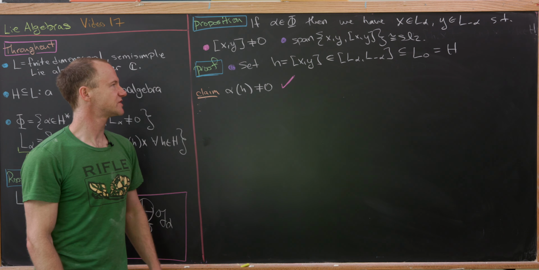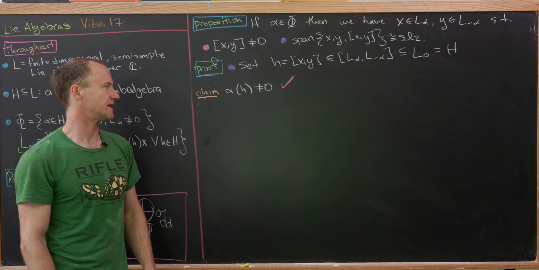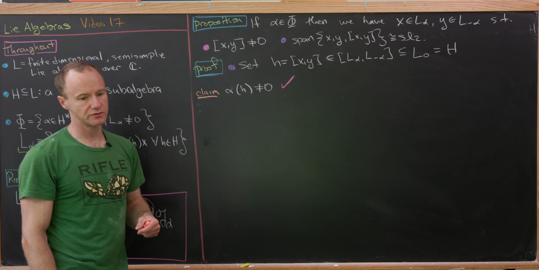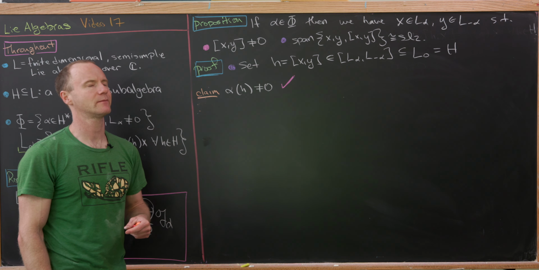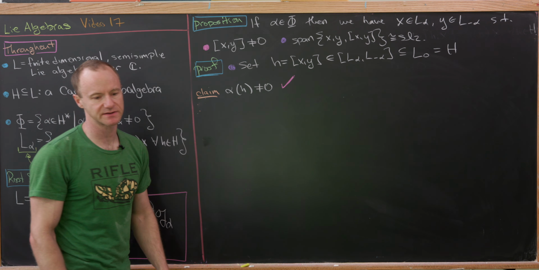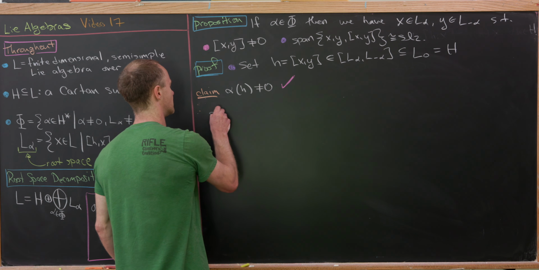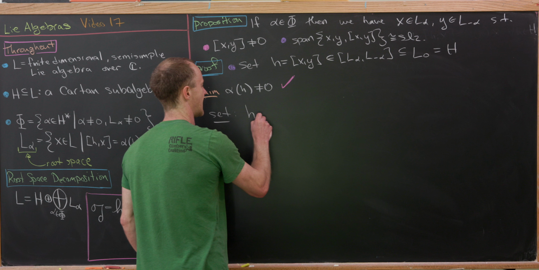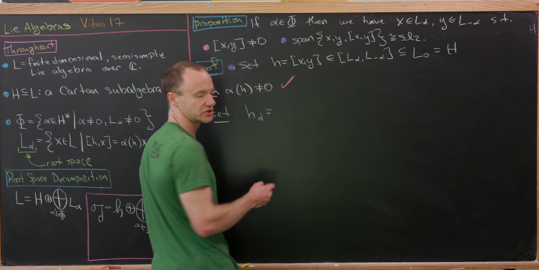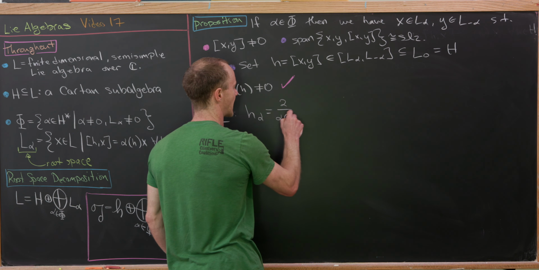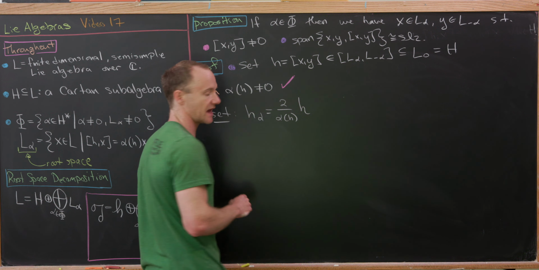Okay, so now to finish this purple dot here, what we'll do is define some new vectors which are scalar multiples of the old vectors. So they're going to be like this. Let's set h sub alpha equal to 2 over alpha of h times h.